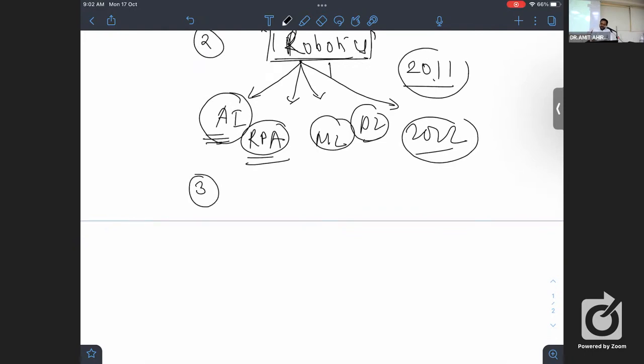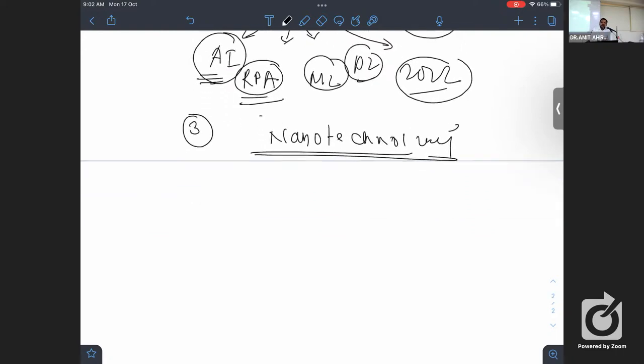Third point, nanotechnology. Again I am telling the same thing: when UPSC thought to change the syllabus, UPSC made the statement about nanotechnology, but at that time UPSC did not mention quantum mechanics.